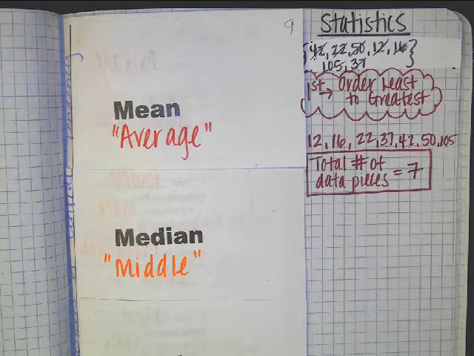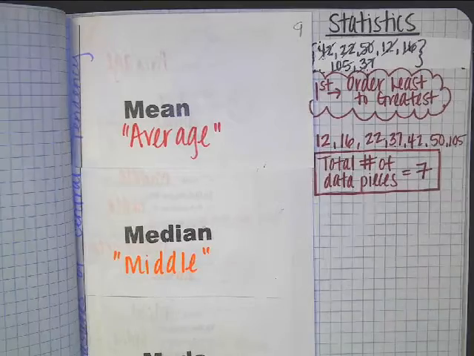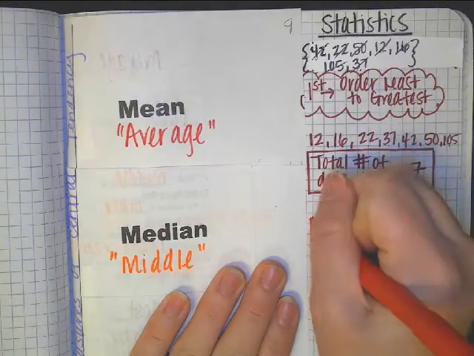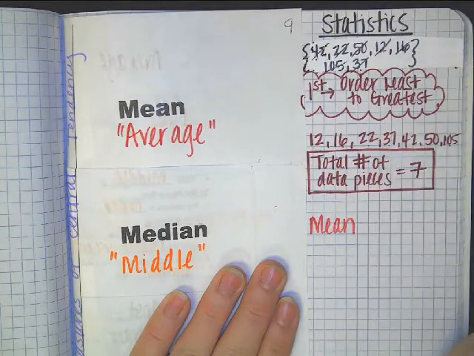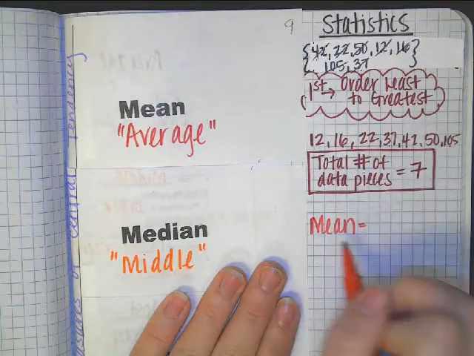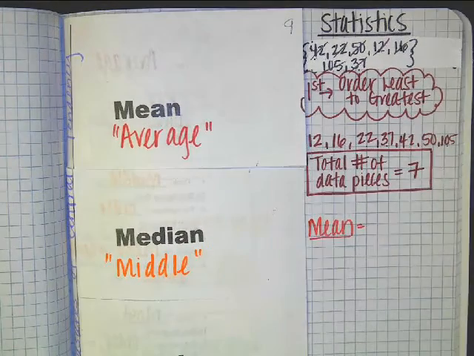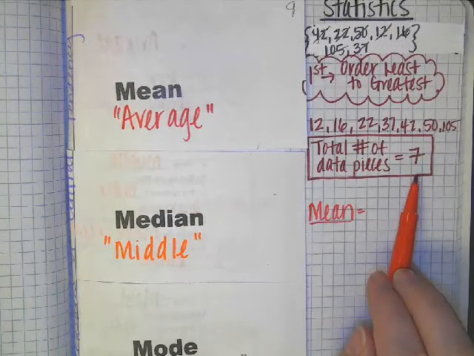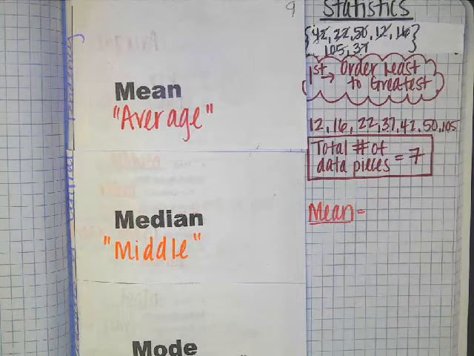First, let's start with what we talked about as the mean. Remember, the mean is also known as the average. I want at this time for you to go ahead and add the numbers up, and then we need to make sure we divide it by 7. Go ahead and click pause on the video and do this on your own.